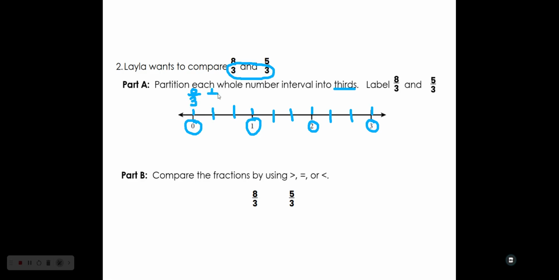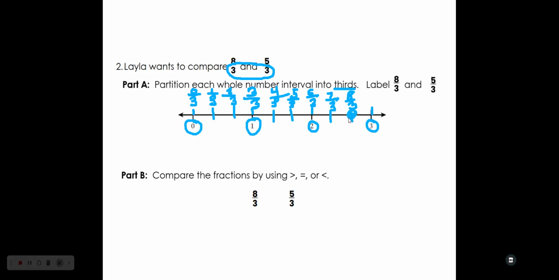Then this will be 1/3. 2/3. 3/3. 4/3. 5/3. 6/3. 7/3. And 8/3. That's the fraction I was looking for, right?